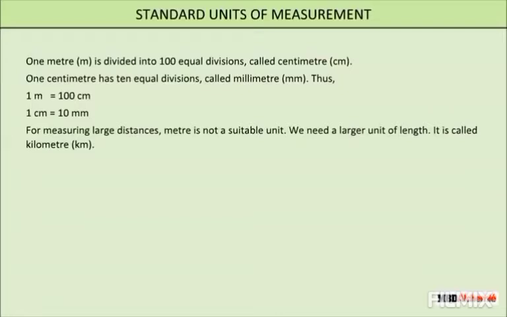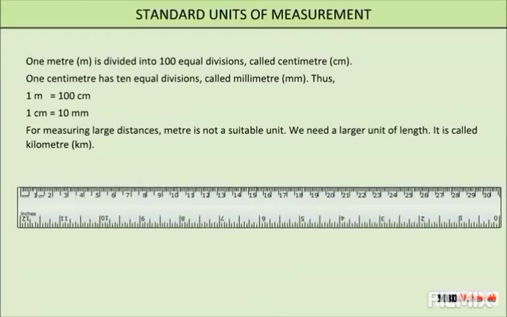For measuring large distances we cannot use meter or centimeter, so we use a large unit of length called the kilometer. And what is the length of a kilometer? Yes, 1 kilometer is 1000 meters. This we discussed in the last class.